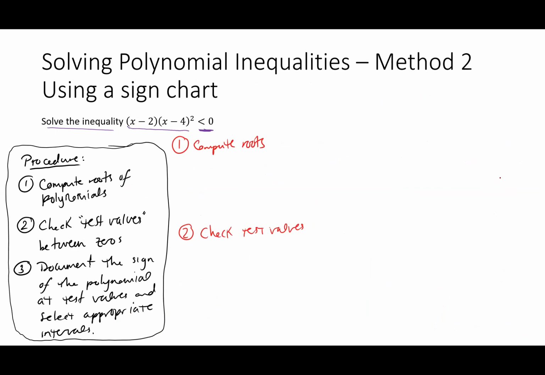Now here, I'm going to show you a completely different method where we're going to use a sign chart. This actually is really agreeable, and I think that this is actually a much better way to solve these inequalities, particularly as we get more complicated problems for the third objective when we're talking about particular applications. I think you'll find the sign chart to be really, really helpful.